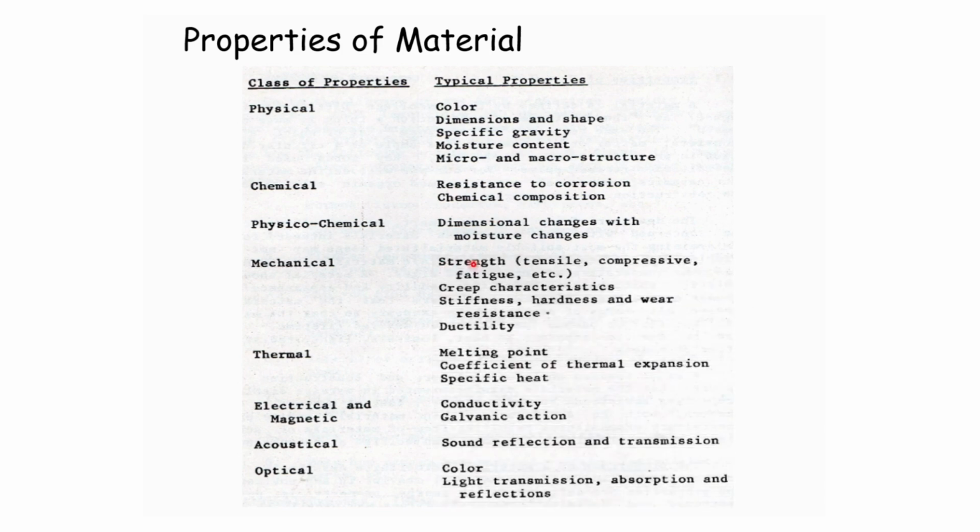For the mechanical class of properties, we have strength, creep characteristics, stiffness, hardness and wear resistance, and ductility. For thermal, we have melting point, coefficient of thermal expansion, and specific heat. For electrical and magnetic, the typical properties are conductivity and galvanic action. In terms of acoustical, we have sound reflection and transmission. And for optical, we have typical properties such as color, light transmission, absorption, and reflection.